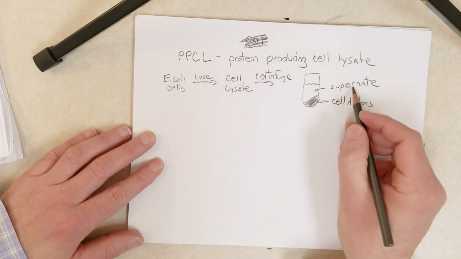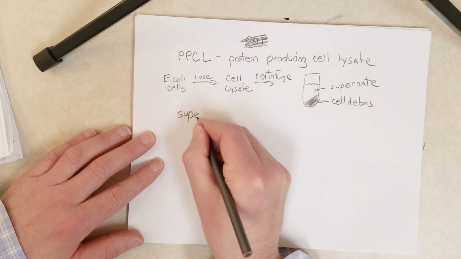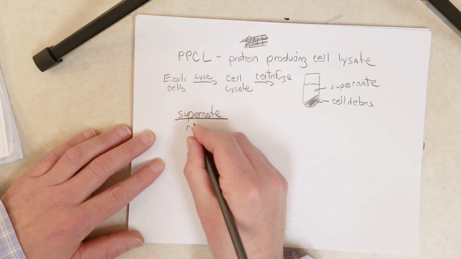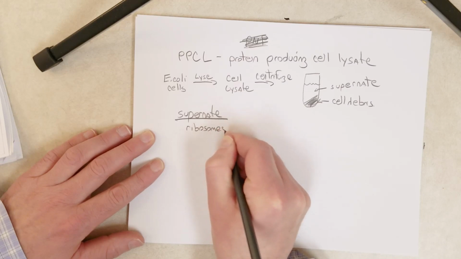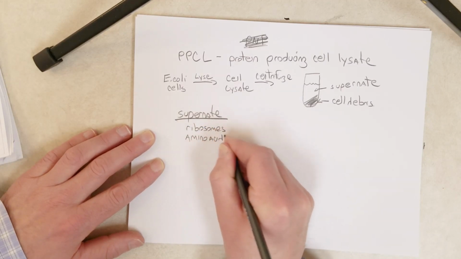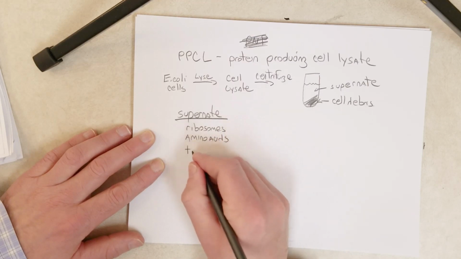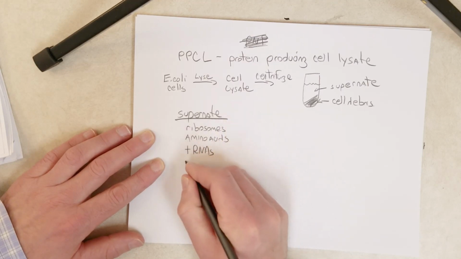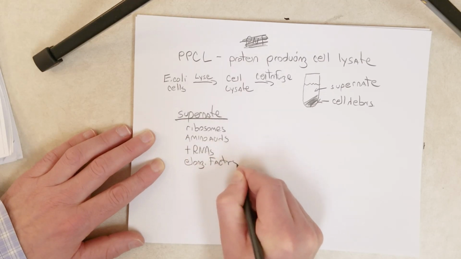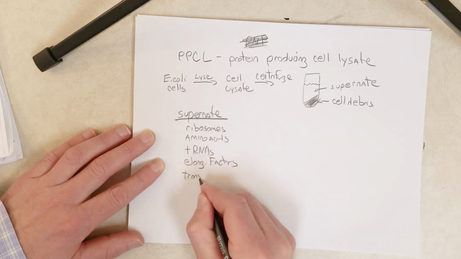So in the supernate, what was there? Well, I don't know that they knew of all these things that were in there, specifically ribosomes, amino acids, transfer RNAs, elongation factors, also other translation factors.